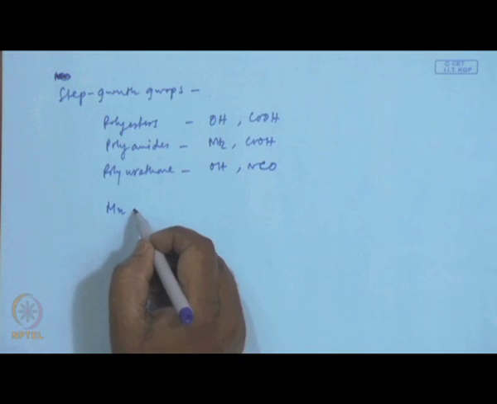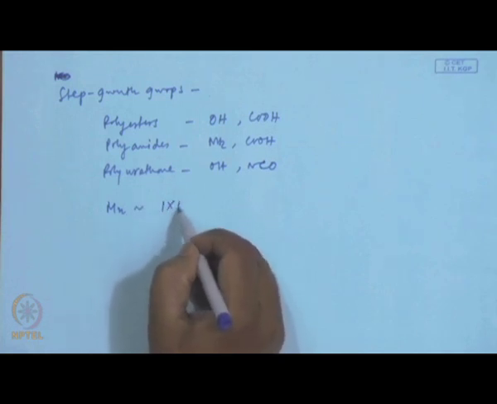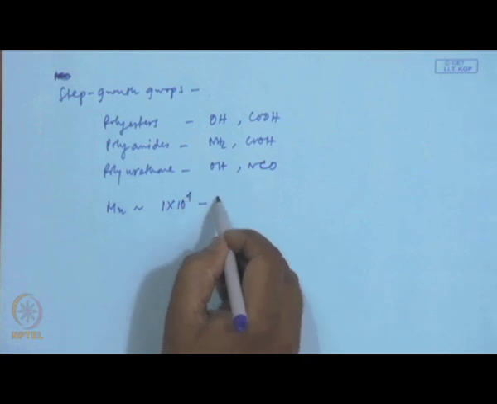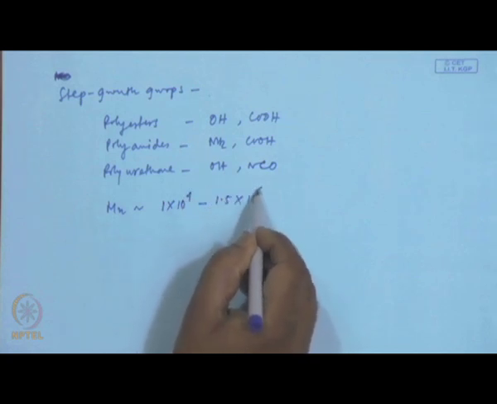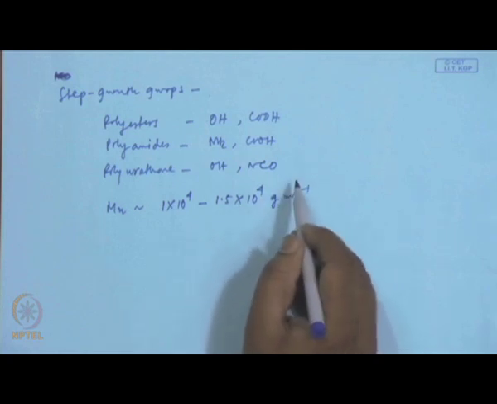So, detection becomes very difficult. So, this method typically applies to low molecular weights, and typically an Mn value of around 10 to the power 4 is the upper limit up to which we can determine by these methods.